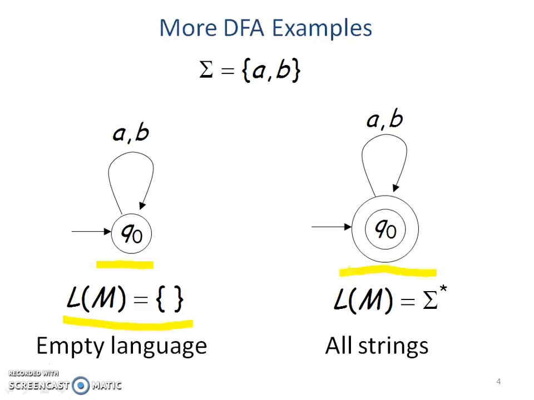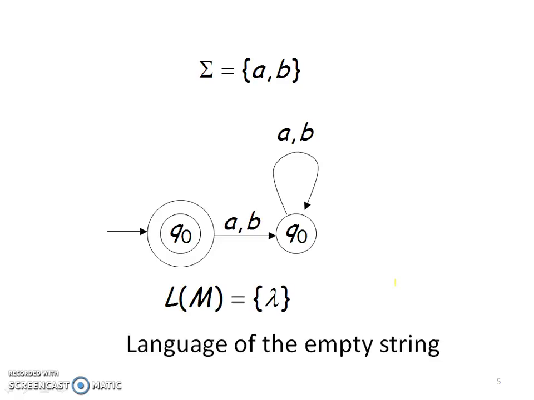So some of the strings that are represented by this DFA can be enumerated as, say, AB, or AAB, just a simple A, or simple B, and so on. This DFA represents the language of the empty string lambda. So now we are saying that it accepts the null string as the input and everything else is rejected.